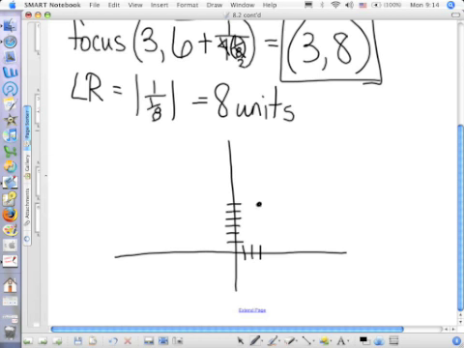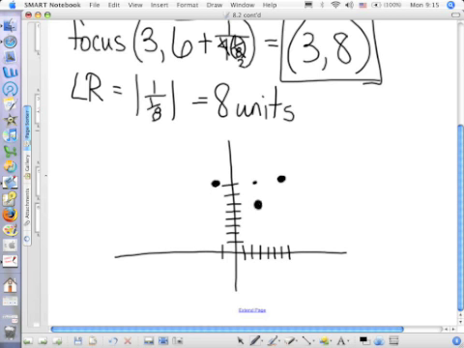It's opening up. Our focus is at 3, 8. Our LR is 8 units long, so through our focus, we need to go 4 units in each direction. And so now we know 3 points on our parabola.